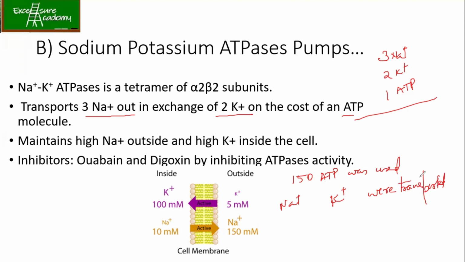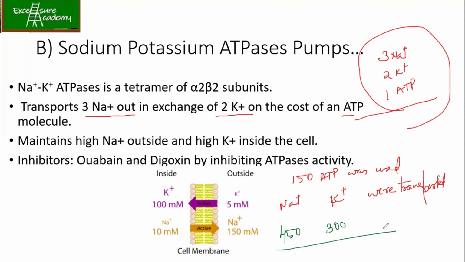So क्या आंसर होगा? सिंपल है, since you know this. So obviously what will be the answer now? Simple maths. 450 Na plus. Correct. And 300 K plus. Correct. Simple. But for which you should know that it is 3 Na plus, 2 K plus, 1 ATP.